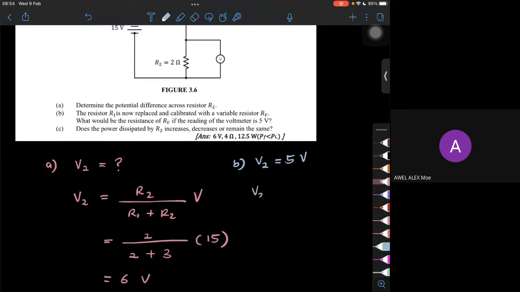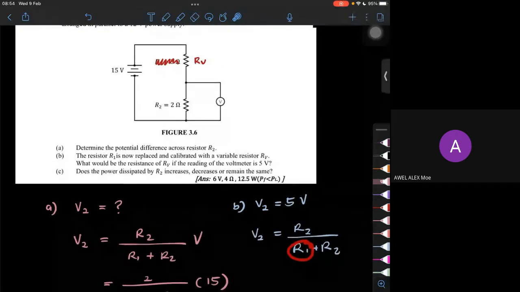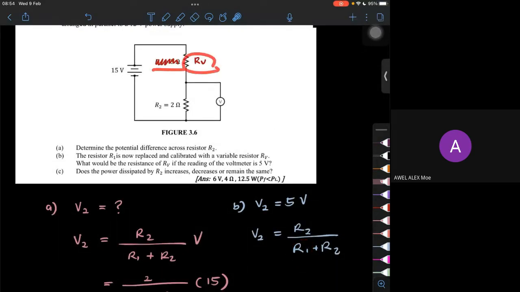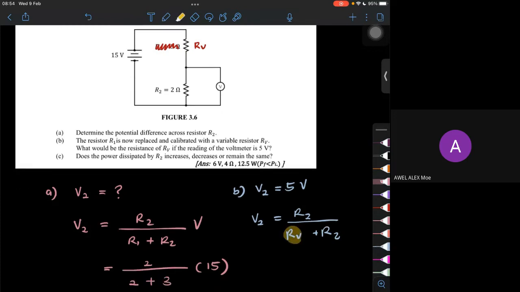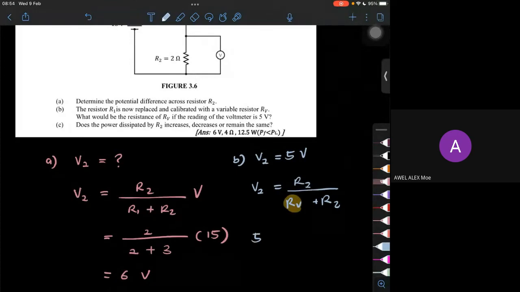So it's using the same method. Instead of R1 di sini, because we have replaced the first resistance with RV, and this is what we want to find. So you just masukkanlah V2 sama dengan 5. Yang lain still kekal sama.